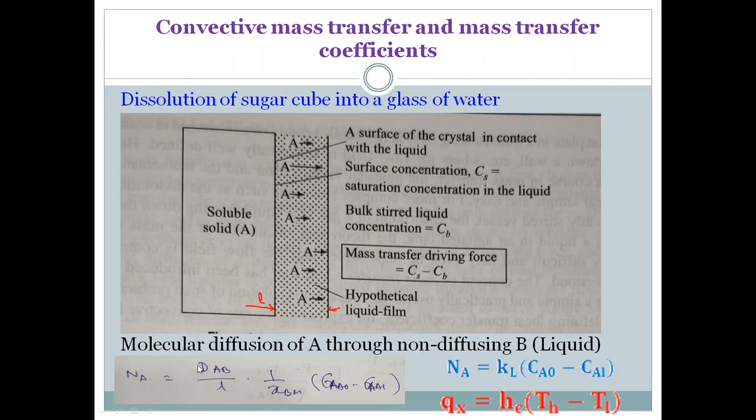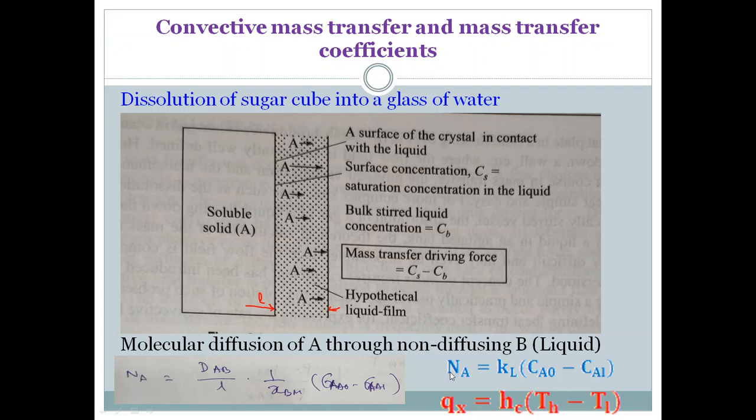This is the expression for molecular diffusion, where L is the boundary layer thickness under stagnant medium, and when there is fluid motion, this boundary layer will decrease, and if L decreases, then flux will increase.